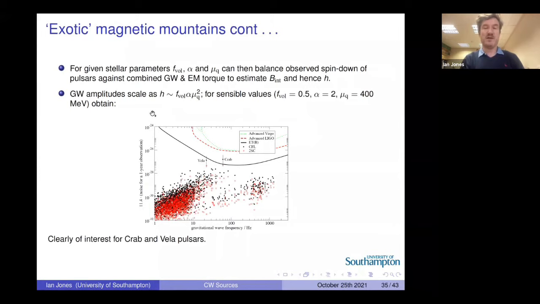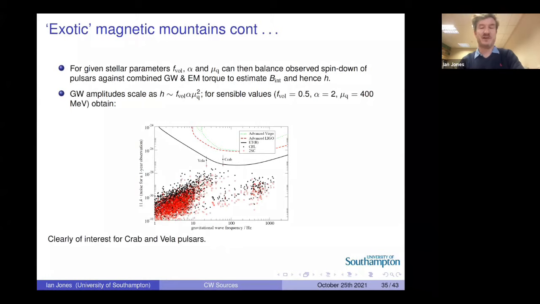If you take the Vela and Crab pulsars and insert their parameters into the relevant formulae, you get numbers using this idea that are beginning to push into the ET detectability thing, at least for the Crab. So that's nice because just a plain old magnetic field in a normal star was about 5 orders of magnitude below that, right? So you gain a lot if you allow for these rather exotic phases.